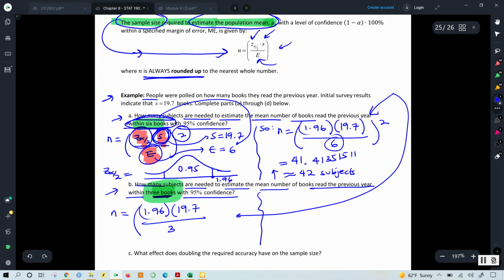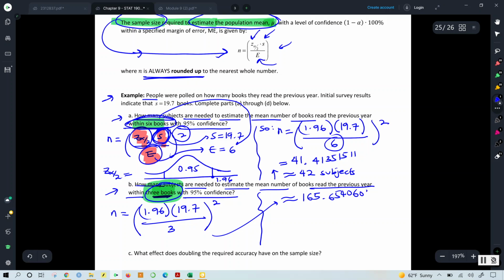I'll change it to within 3, all squared. So this will give us approximately 165.65400604. That'll be approximately 166 subjects are needed.